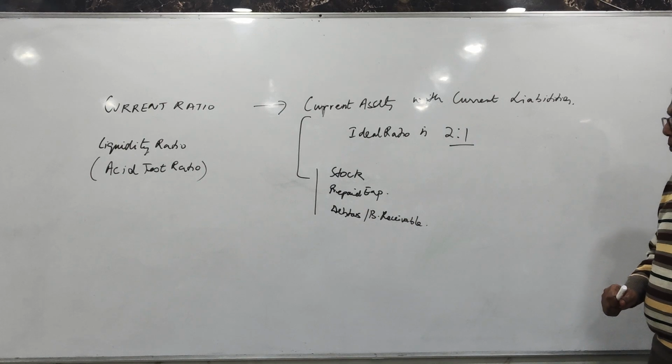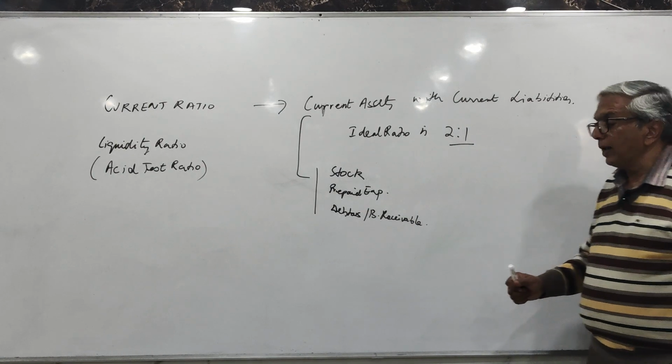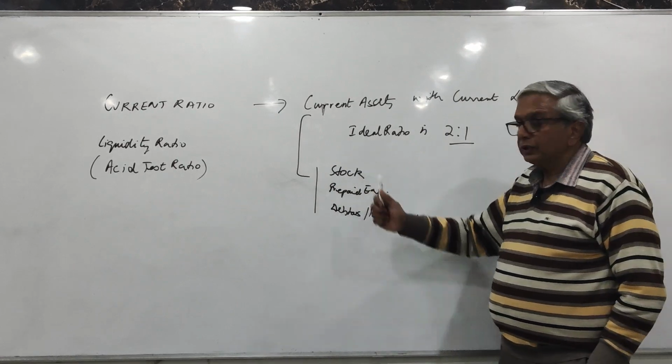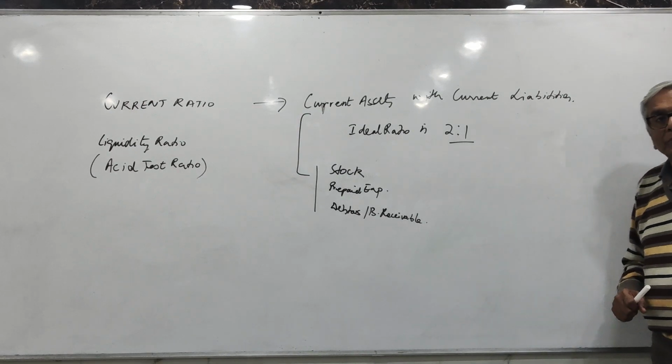If this ratio is more than 2 is to 1, it could be because we are having more cash in hand, or more stock which is not sellable. That is also not good for the business.